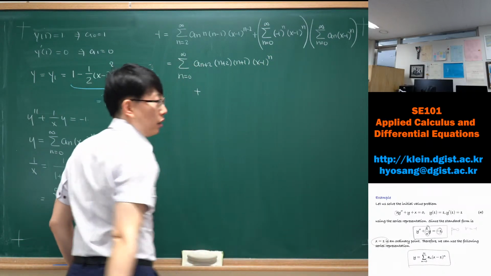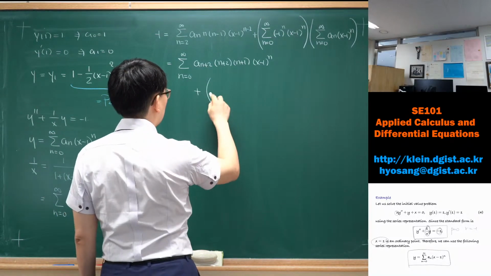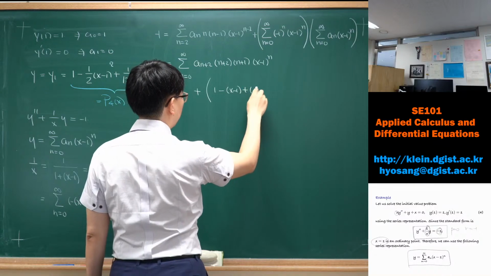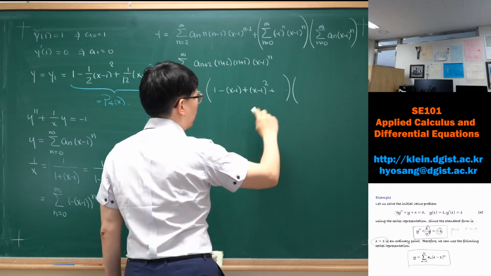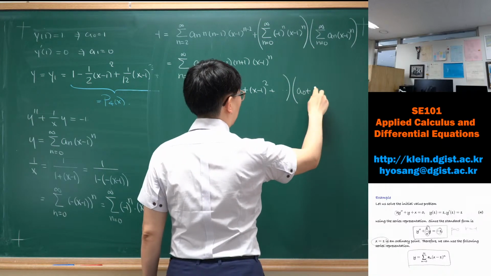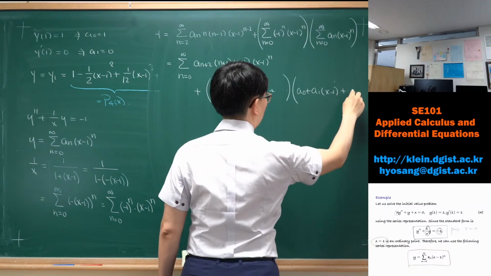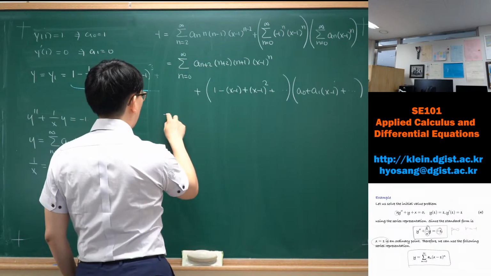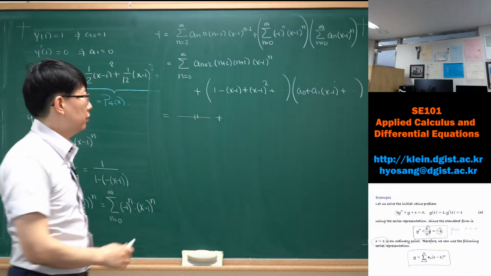And let's look at the product of two series. So this is 1 minus (x minus 1) plus (x minus 1) squared, and so on, times a0, plus a1 (x minus 1), plus, and so on. So you have to use the product of two series.